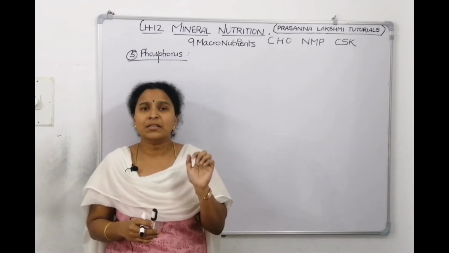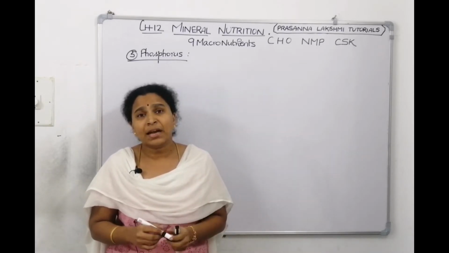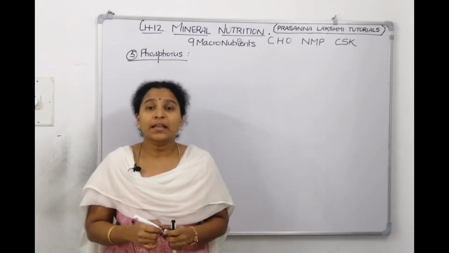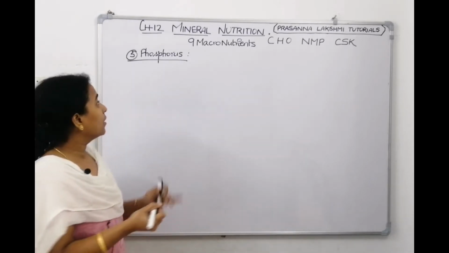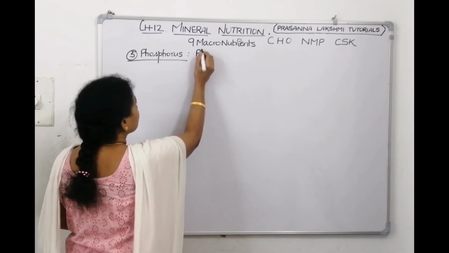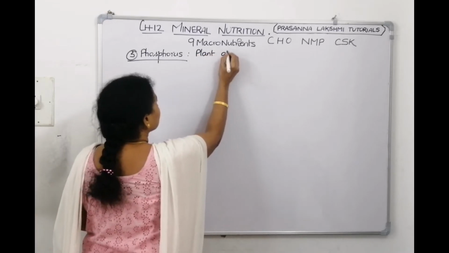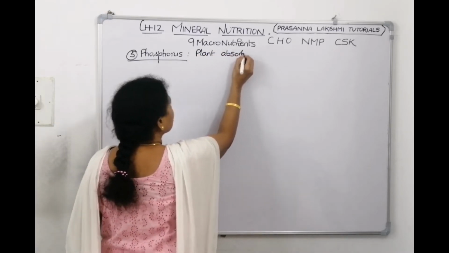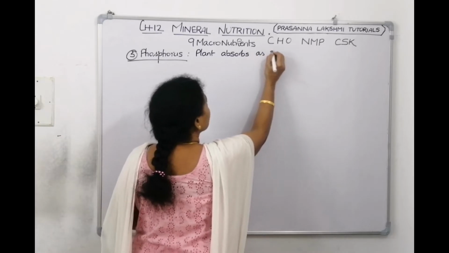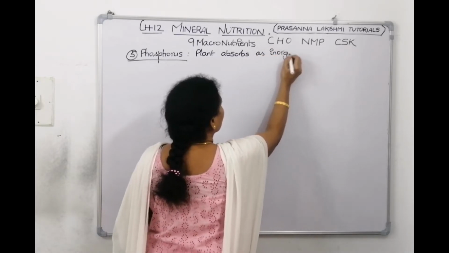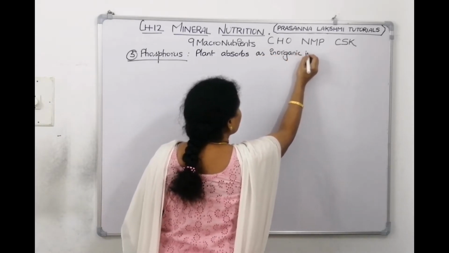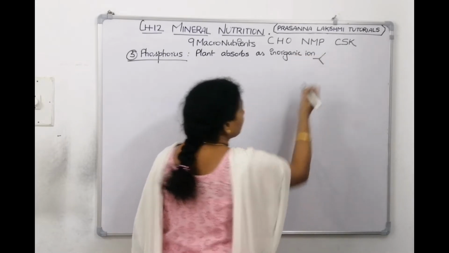So the fifth element is phosphorus, and we know that plant absorbs phosphorus in the form of inorganic ion, right? It absorbs as inorganic ion, in two forms.